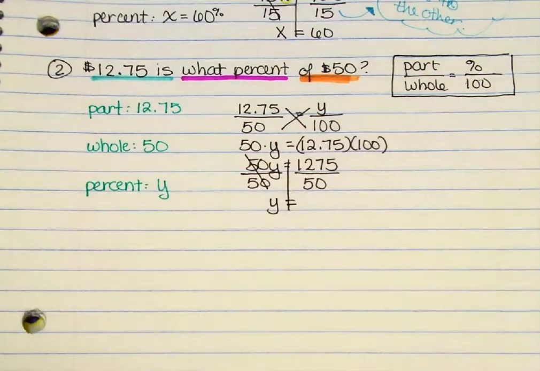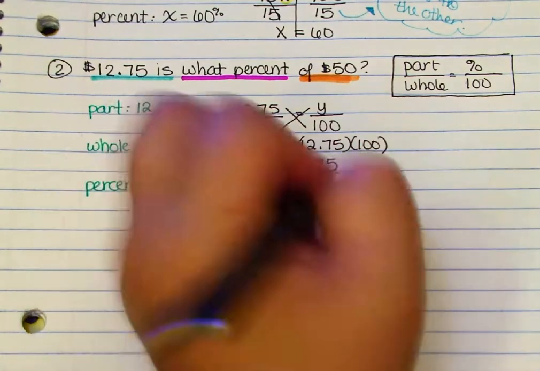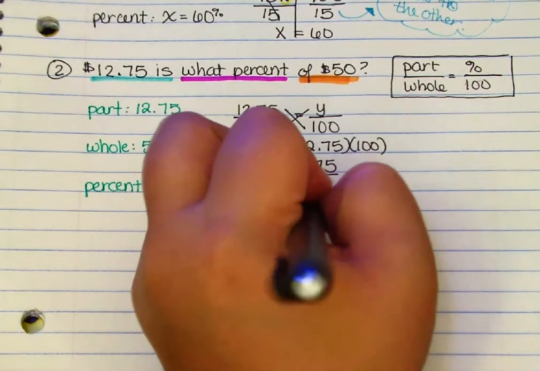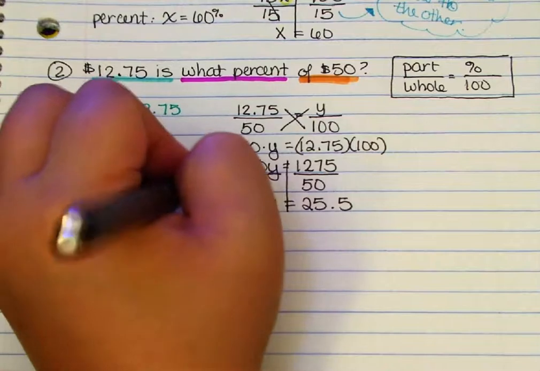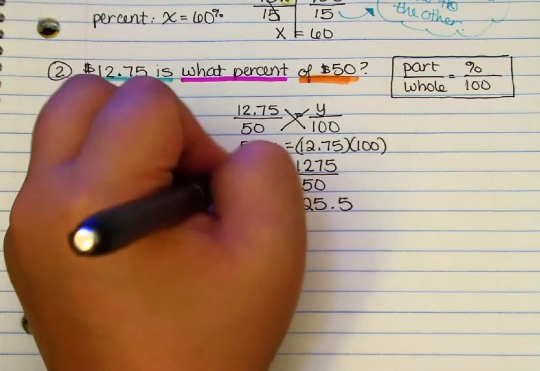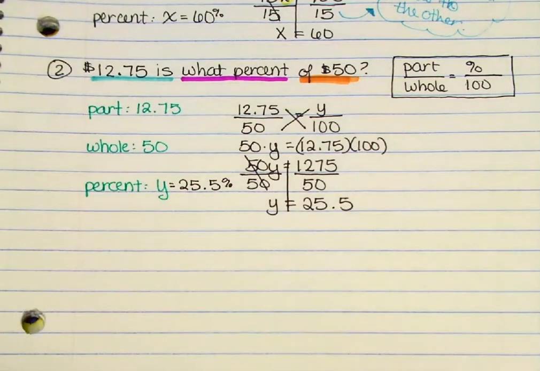And so this is why a lot of times you'll see it like this, 1275 divided by 50. Okay, let's see, 25.5. So y equals 25.5%.